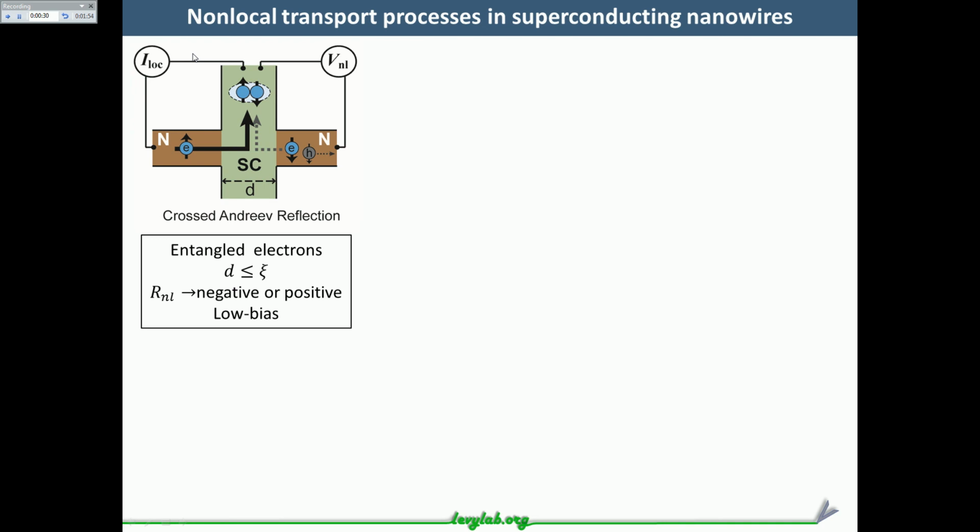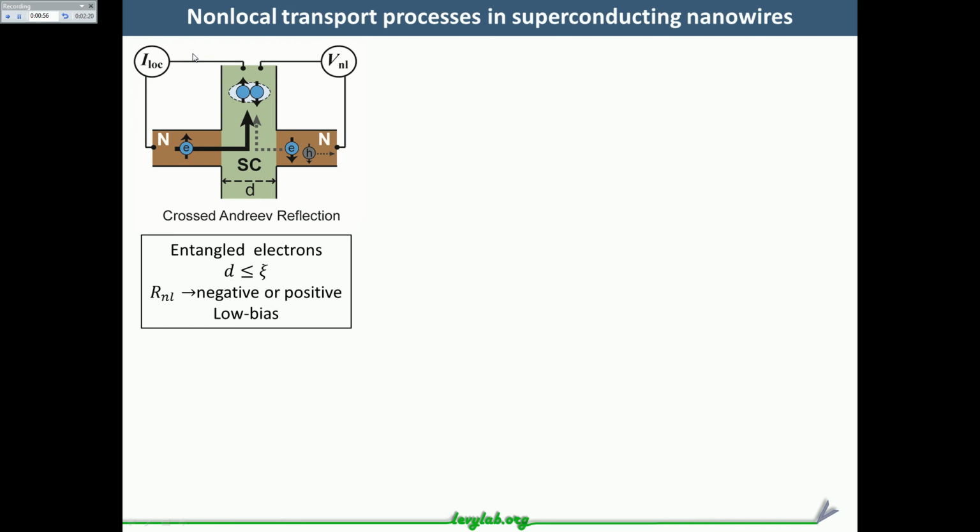Cross-Andreev reflection is a non-local process where, if two normal leads are separated by a superconductor, and the separation is less than the coherence length of the superconductor, then rather than reflecting the hole backwards into the normal lead, an electron will be paired with another electron in the other normal lead, and the hole will be reflected in the opposite normal lead.